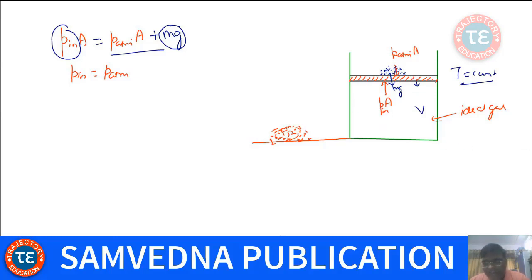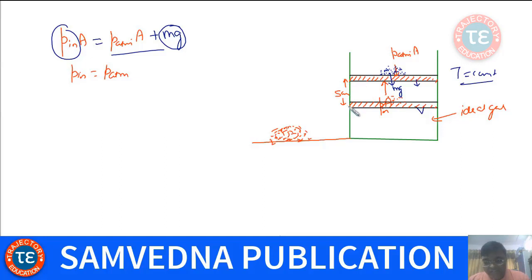But by the time you put all the sand particles over here, you'll find that your piston has come down by a considerable value, say 5 centimeter.